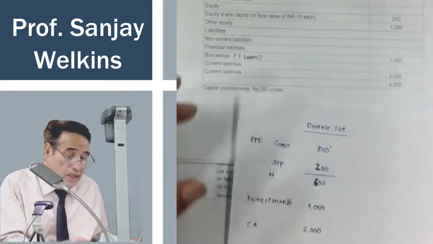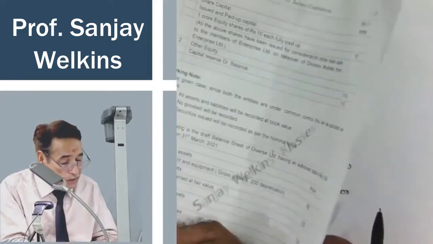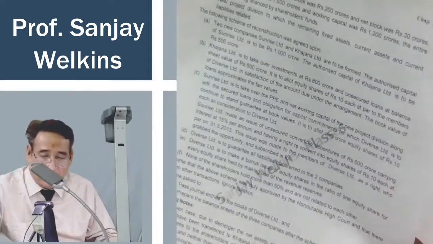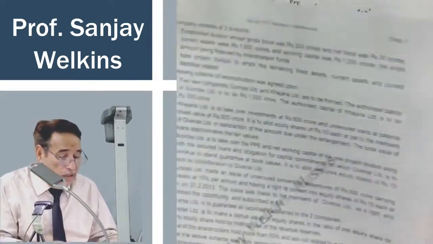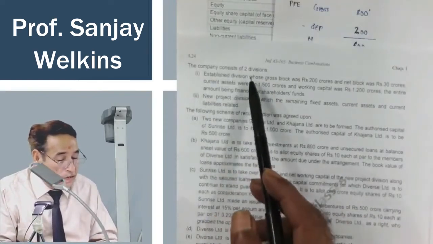Correct? In this page we have been given the balance sheet. Now I move over to the next page. I will keep this sheet over here. Now in the next page some important information is furnished to us. The company consists of two divisions.